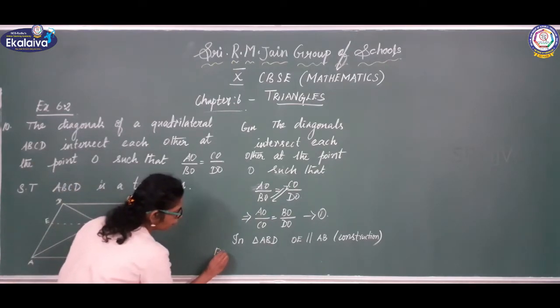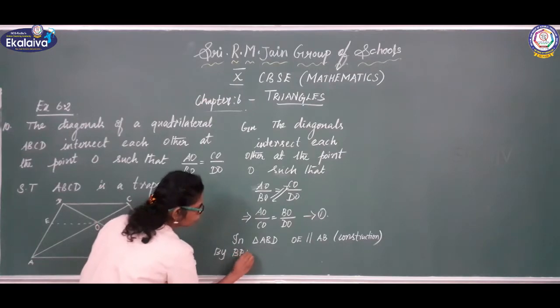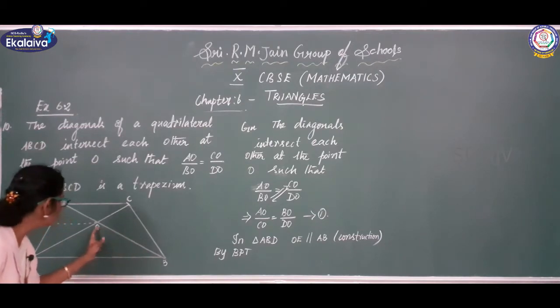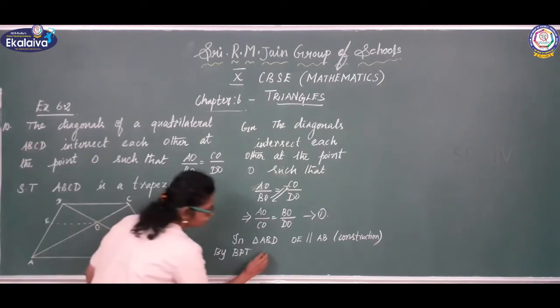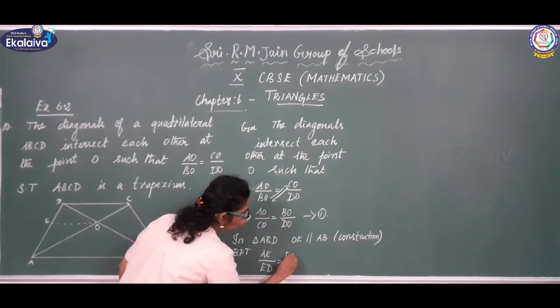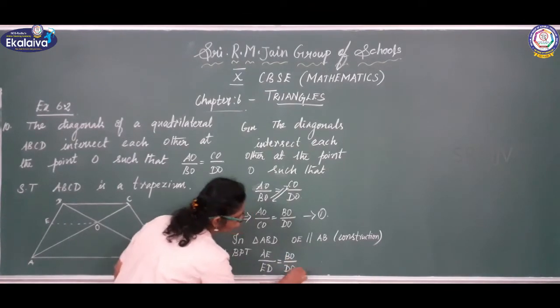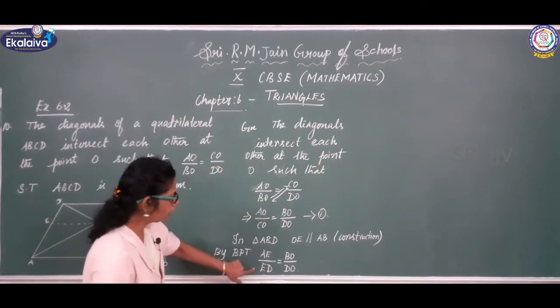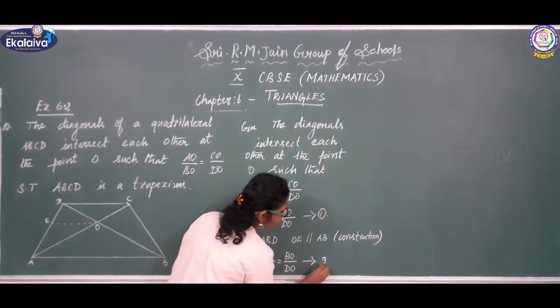By BPT, what can you get? AE by ED equal to BO by DO. Got it, children? Now, this is our result. This is our equation number 2.